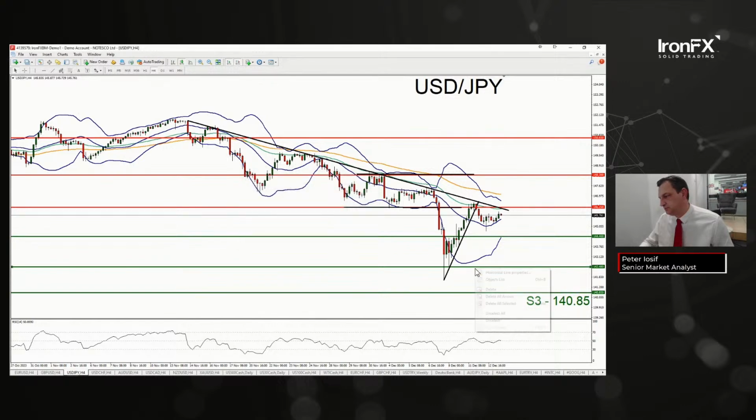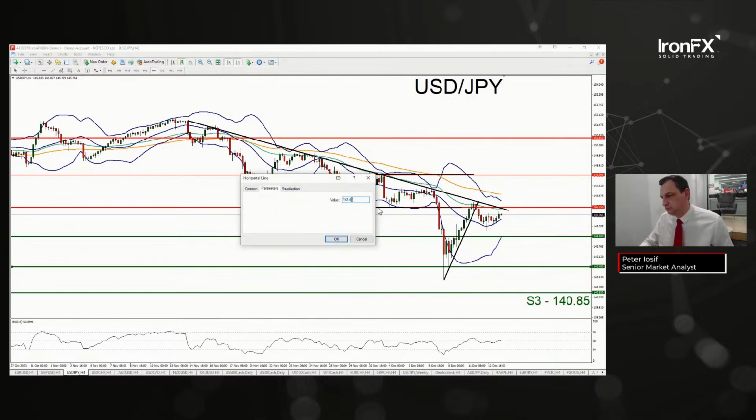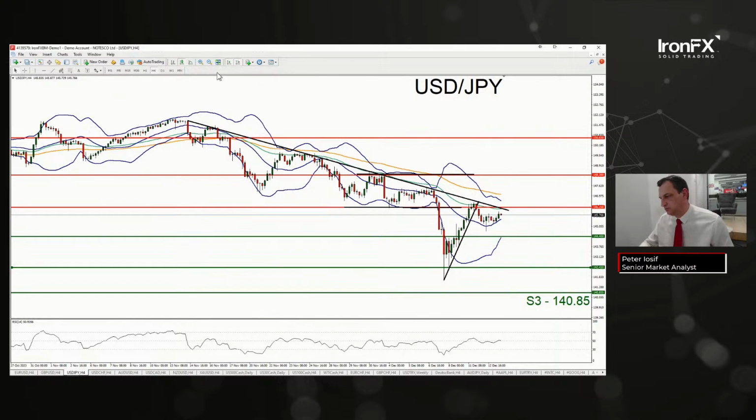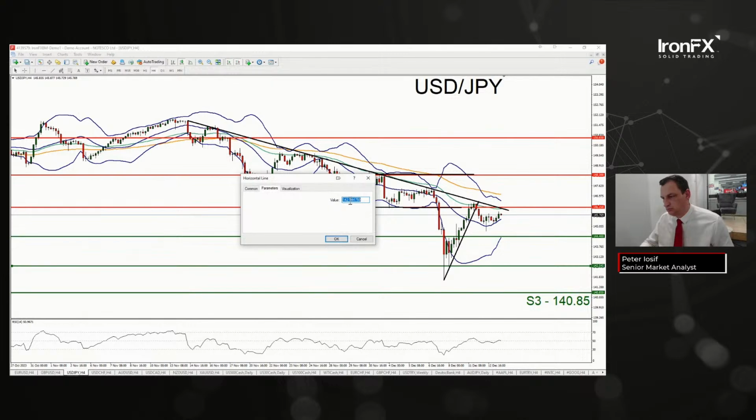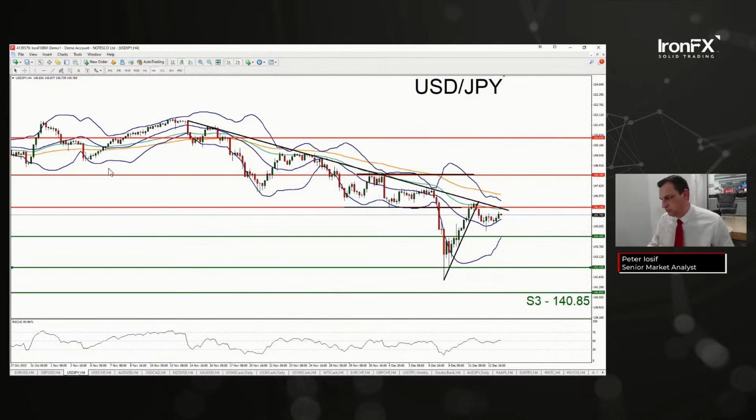Give me a sec. Let's make a minor adjustment here, 5 pips, in order to make the touch here. And that's the 142.50.